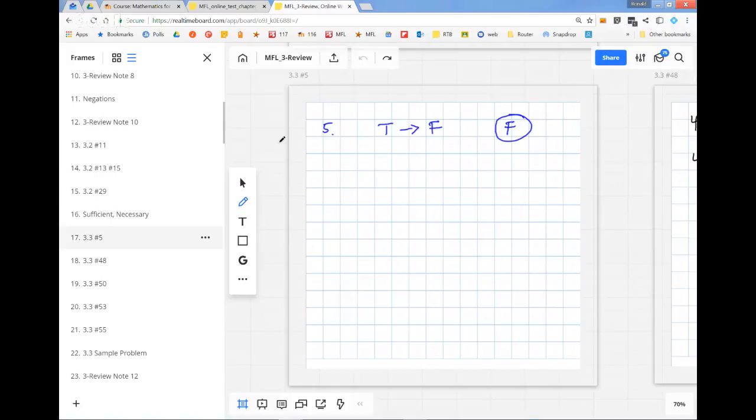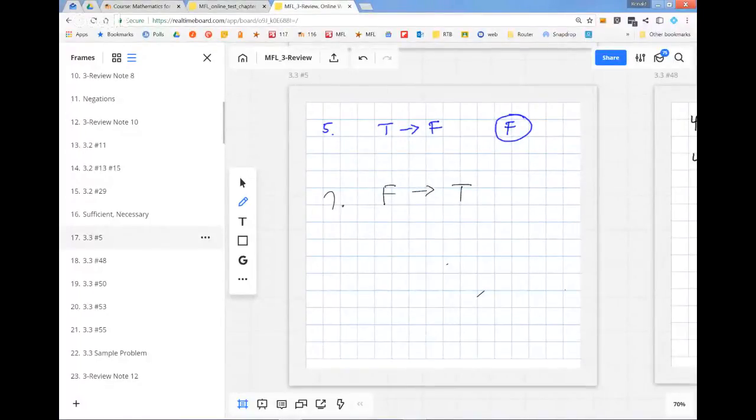So with 7, let's see. I don't know why my pen is really slow tonight. If 2 plus 2 equals 22, well, obviously that's false. Then I draw my if-then symbol. 8 equals 4 plus 4, that's true, right?